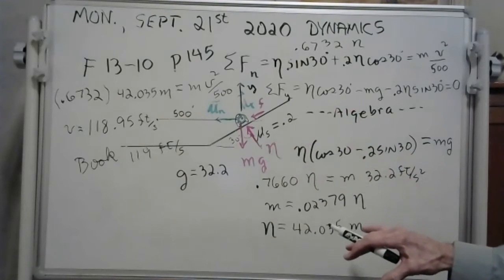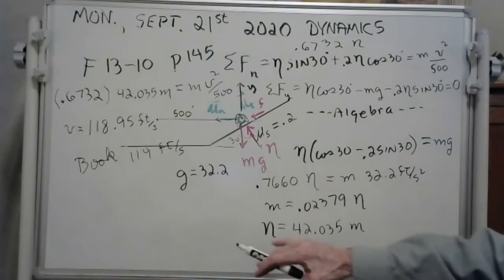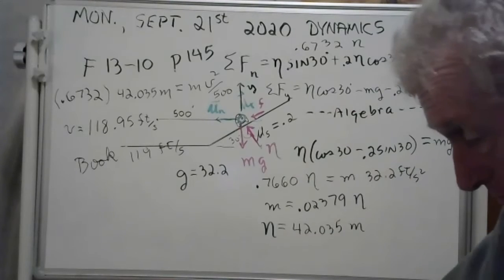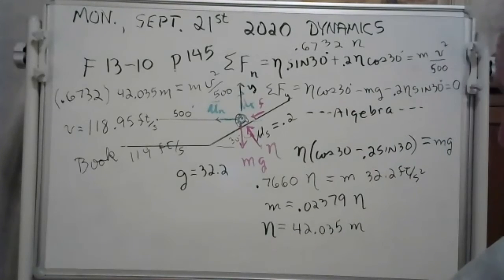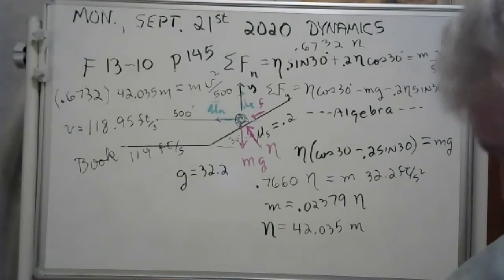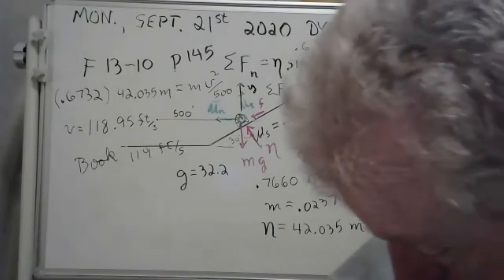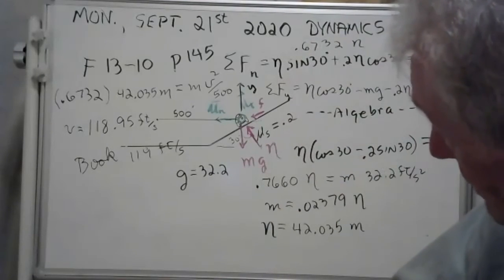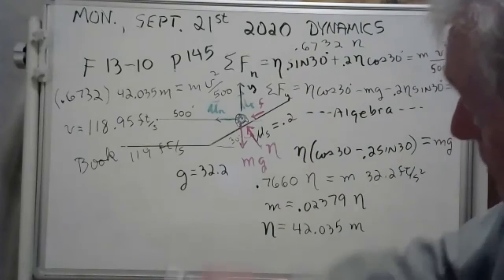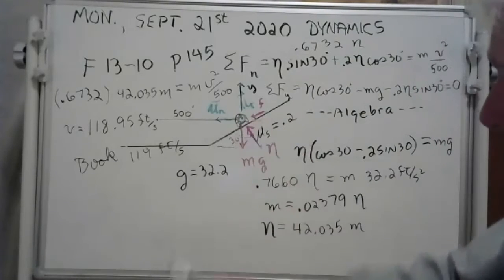Where's the friction? Well, the friction would be 0.2 times the normal. And we never did calculate the weight because you can't do that without the mass.